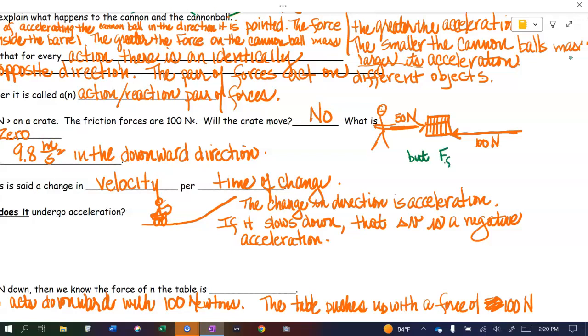the frictional force doesn't push the object backwards, and that's what I wanted to say. Doesn't push the object backward, does it? No. It simply keeps the object from moving. All right?